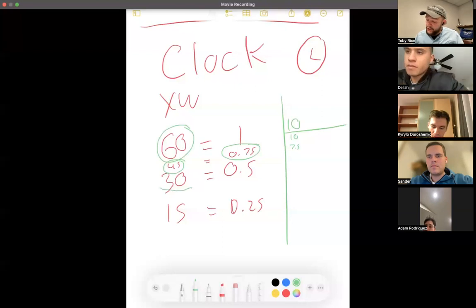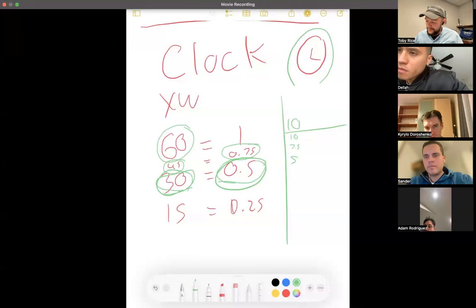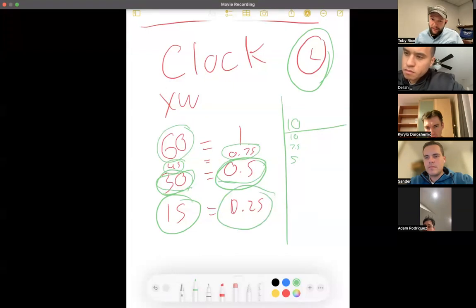If the wind is a 30-degree angle, half of the wind is a crosswind, so it'd be a 5-knot crosswind component because 30 degrees is half an hour. And if it's a 15-degree wind, then a quarter of the wind speed is your crosswind. That's how you calculate crosswind using the clock method.